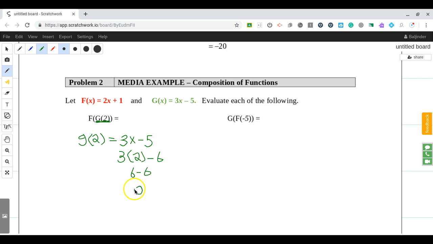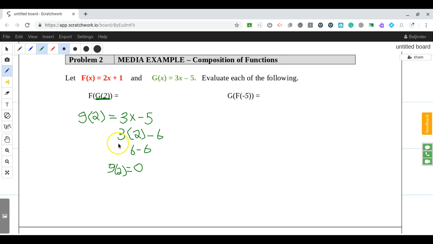We know that g of 2 is equal to 0, right? Now we're going to replace g of 2 with 0, because g of 2 is equal to 0. Again, we first figure out g of 2, and our answer is 0.